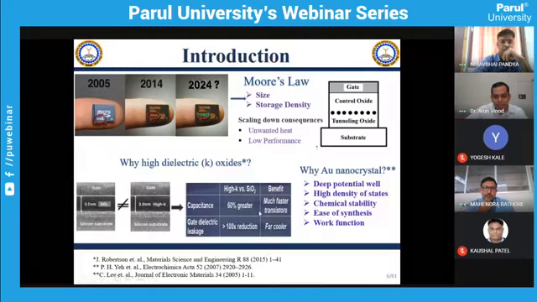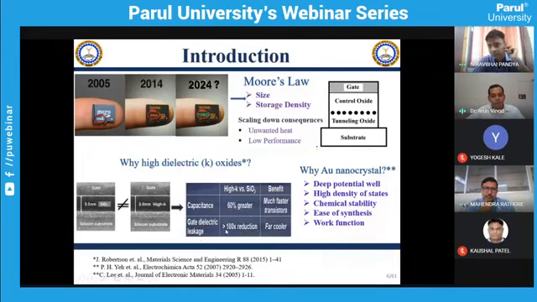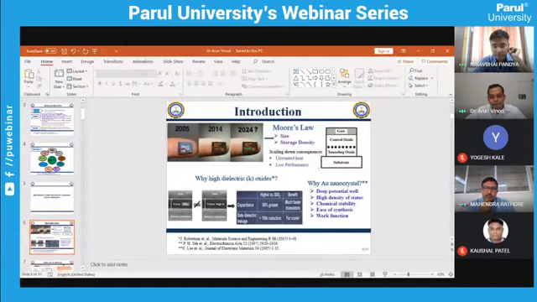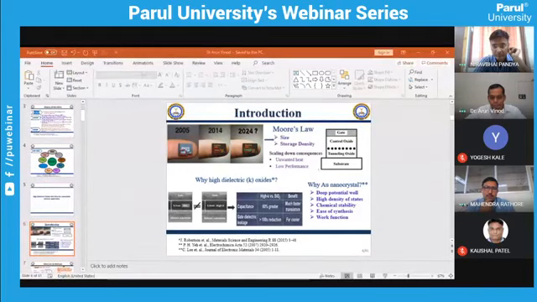That means it is 60% greater in capacitance, and 100% reduction of leakage. As a result, there is much faster communication, and the device will be much cooler. So this is the use of high dielectric oxides in the present scenario.